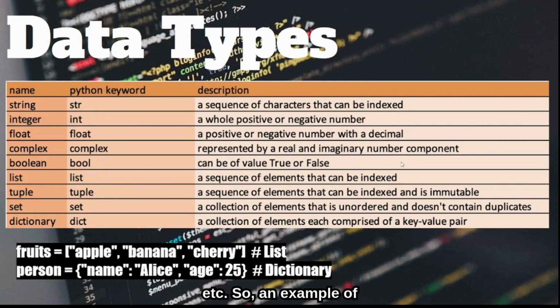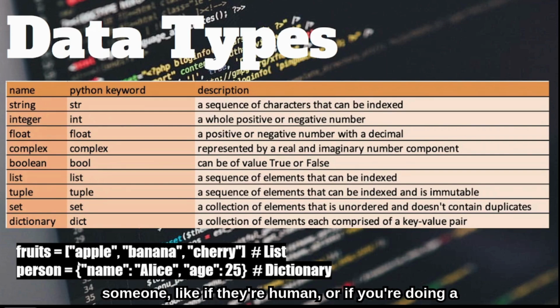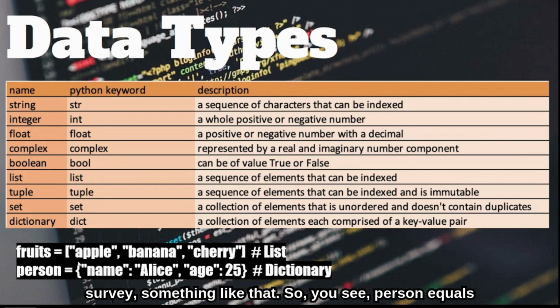An example of this is like this. Fruits equals apples, banana, cherry. Listing like you need apples, bananas, and cherries. So this is a list. Then where it says person equals, that is a dictionary, which helps structure data with key-value pairs, which is super useful when handling real world data, like if you're trying to find someone or if you're doing a survey, something like that.